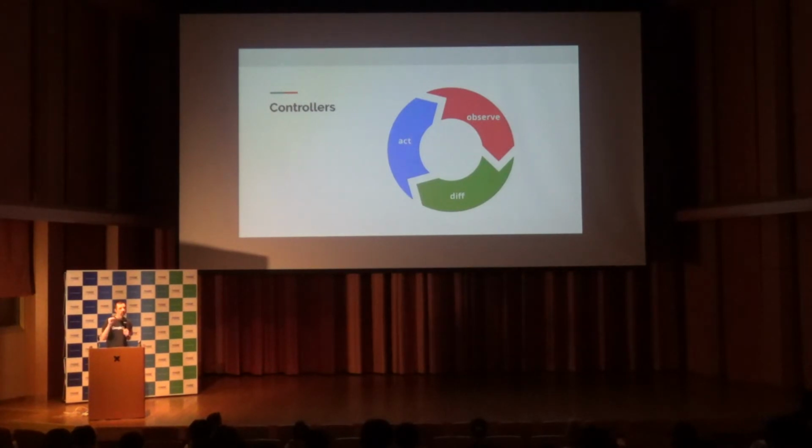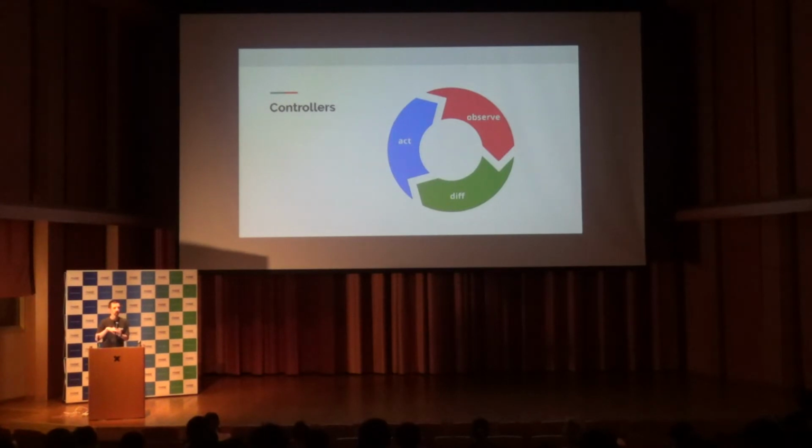So when you are using the API and you post a deployment or some other type of object, you are essentially declaring this is the desired state. This is what I want to happen in the cluster. And then the controller's responsibility is essentially to make that true or to implement that in the cluster. So the controller will take a look at the desired state and the actual state of the cluster.